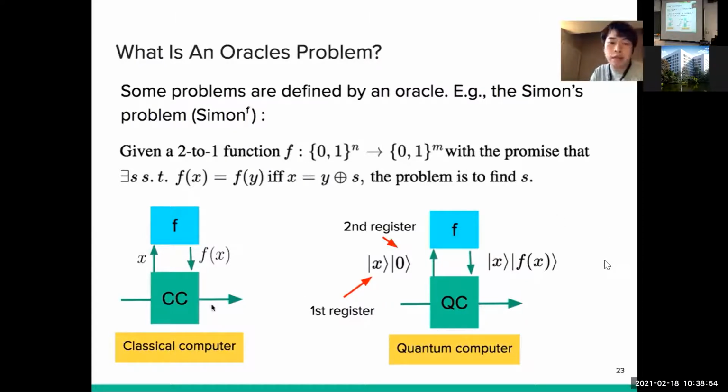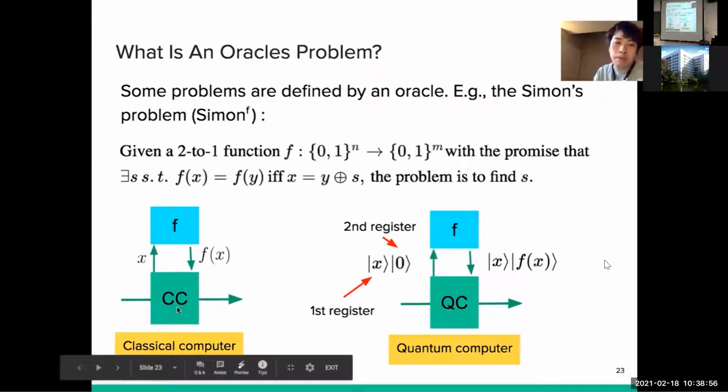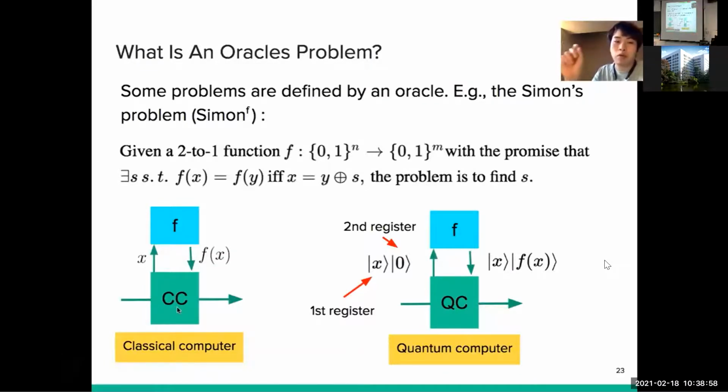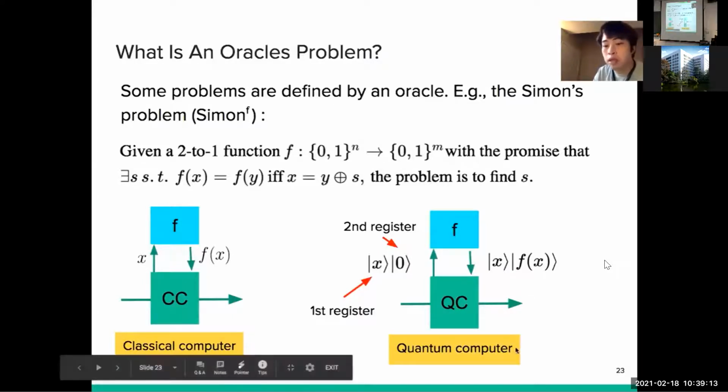If you have a classical computer, then you can make polynomially many queries to the function. You can query x, and then the oracle, or say the function, will reply with f(x). You collect lots of these pairs x, f(x), and then you can try to solve the problem. For a quantum computer it is very similar, but the query goes as follows.